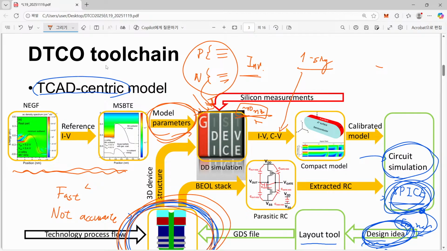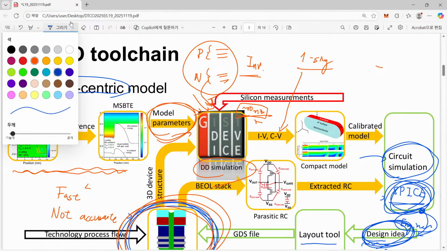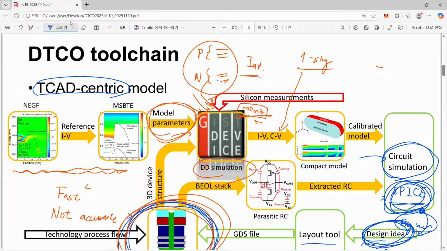In many cases, when we perform this kind of device simulation, we focus on just a single device performance. Simply speaking, even though we have different fins, what we usually do is just consider one fin for the NMOSFET and one fin for the PMOSFET and simulate them individually, separately.